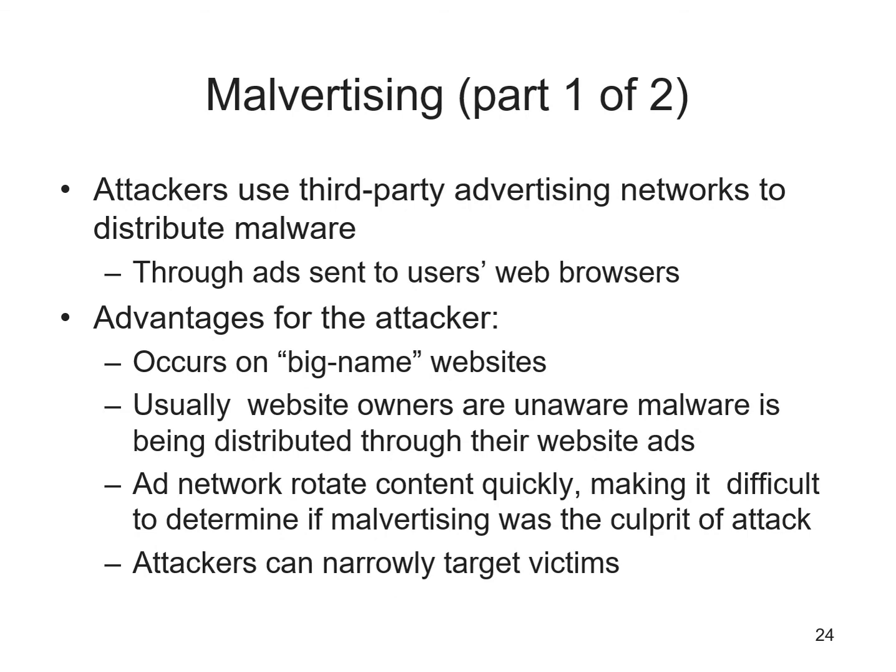Next is malvertising. Attackers use third-party advertising networks to distribute the malware. Actually, it's the malware which is being pushed through the advertisements which appear on the computers. The procedure is that the websites are actually not running the advertisements themselves.